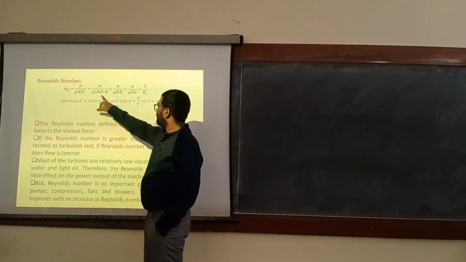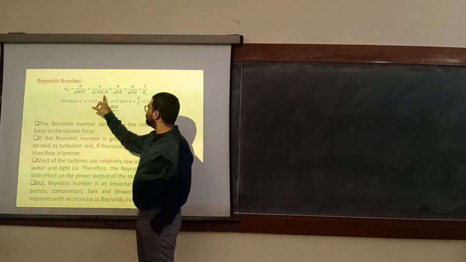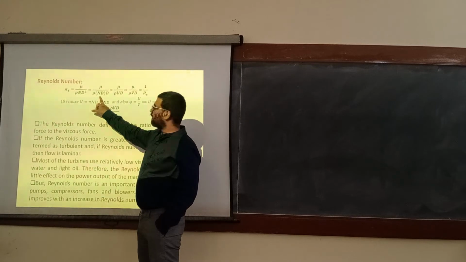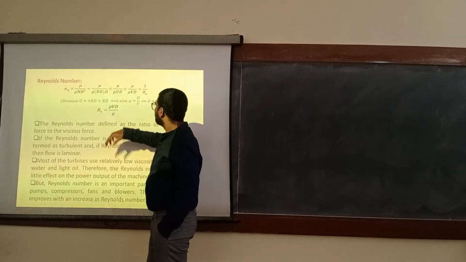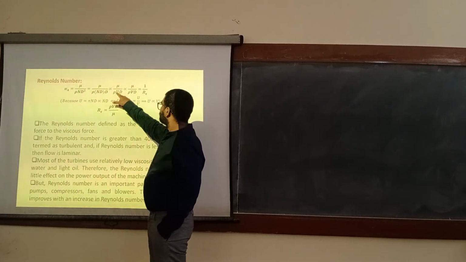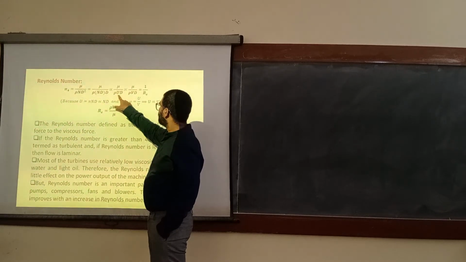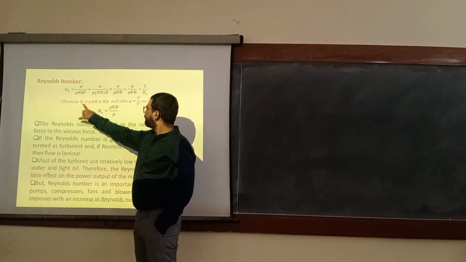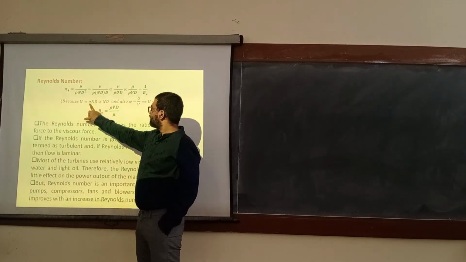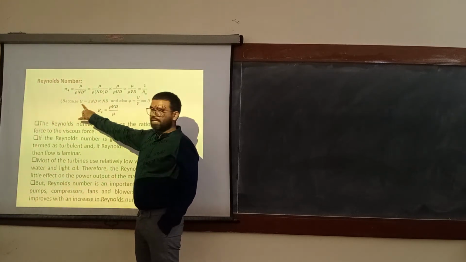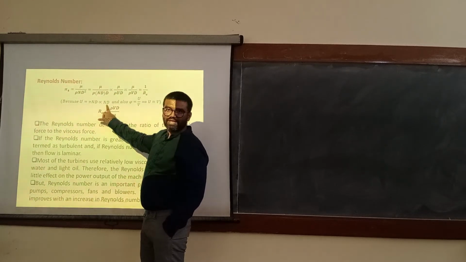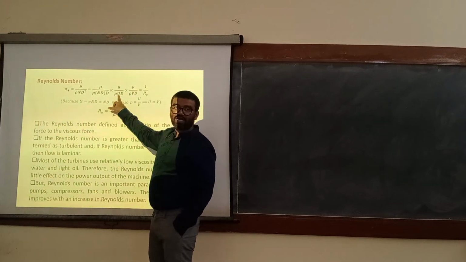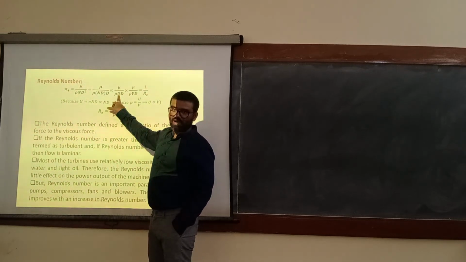This can be split like this: rho N D into D. Whatever the D square is there, that can be written as ND into D, which is proportional to mu divided by rho U D. That means ND is proportional to U here, that is U is equal to pi N D. Pi is constant here, or we can write it as U is directly proportional to ND. So in place of ND, we can write it as U. U is nothing but the tangential velocity of the rotor or wheel.